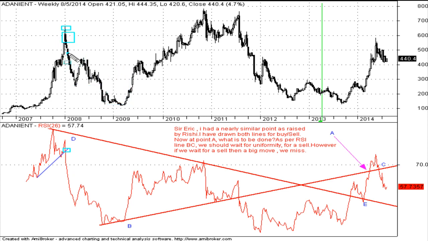All right, so we take our breakpoint here, draw a straight line, you can draw it like that, and you can see it gets very close to that high. So it would have given you a signal close to that high of 600.